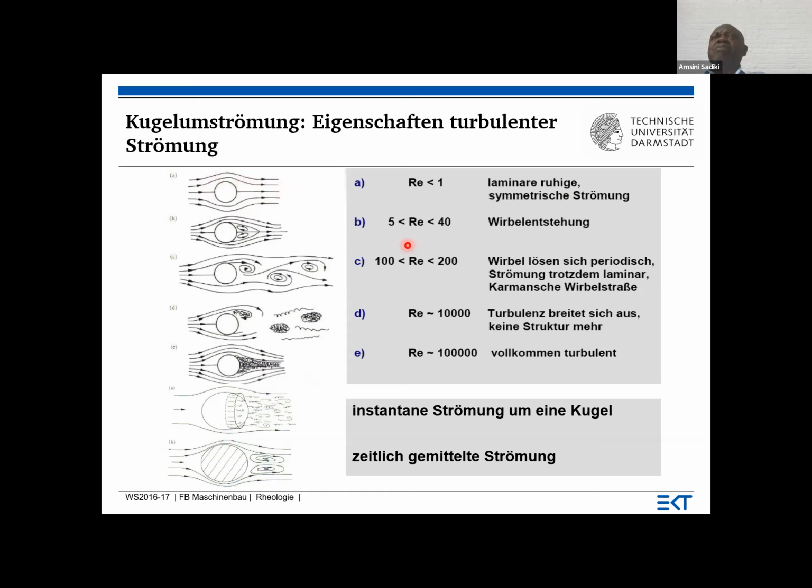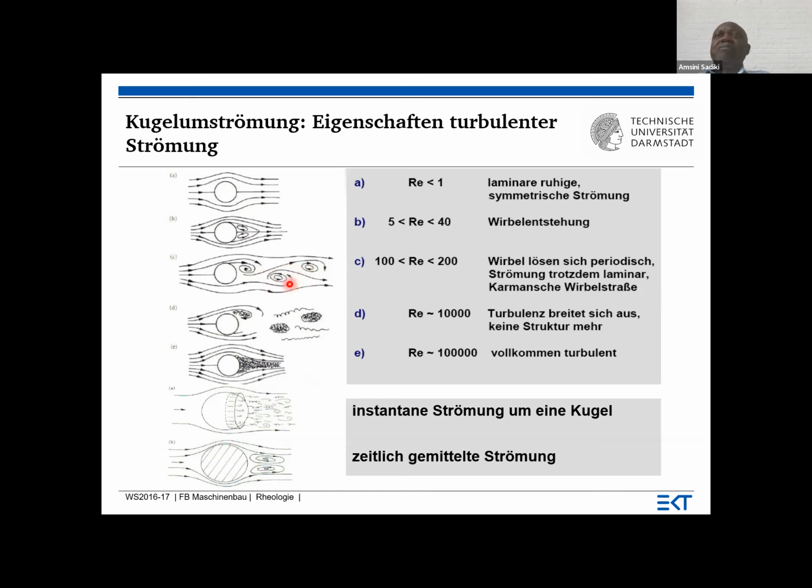And if the Reynolds number of the particle lies between these two values, we have the building of the first vortices wake behind this particle, and between these two regions, we have these vortices detached, and we have the so-called Karman vortex street.